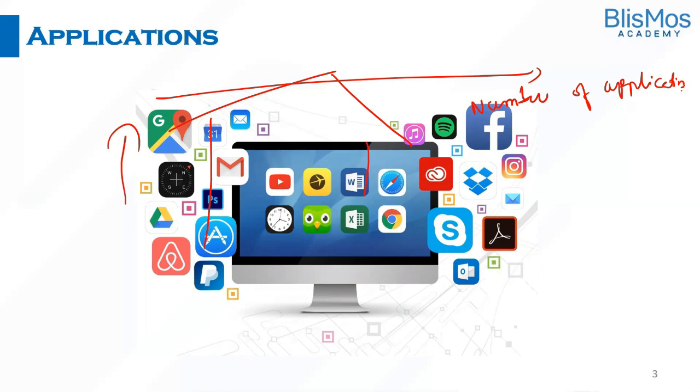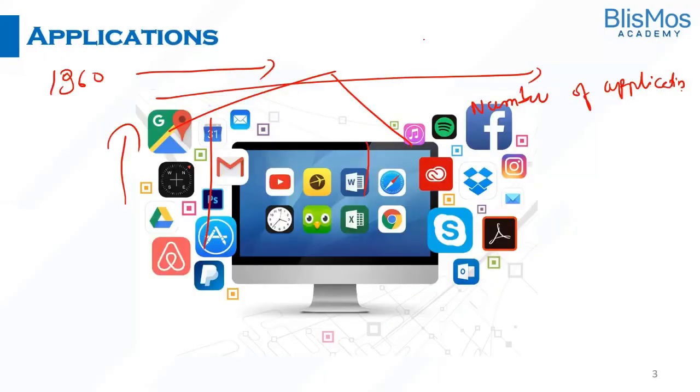Around 20 years back, we used to hardly use one or two systems personally. Now, we have so many applications on our mobile itself. Between 1960 and the current era, the number of end user applications increased drastically. That is a bit on applications.